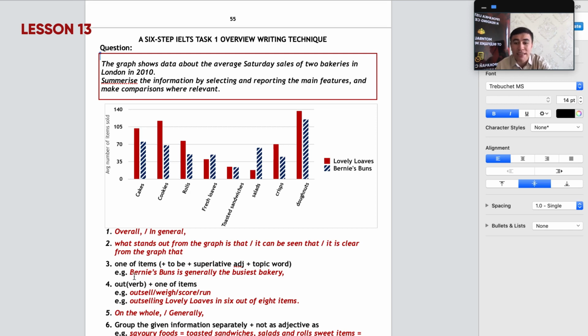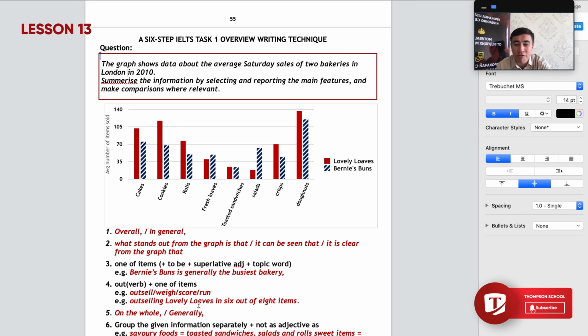So to get the point, let's consider this example. Bernie's Buns, so this is one of the items, is, so to be, generally the busiest bakery. So the busiest is our superlative adjective and topic word is bakery. So then, to show how it is the busiest bakery, we use the verb with out, like outsell, outweigh, outscore, outrun, and then the other item.